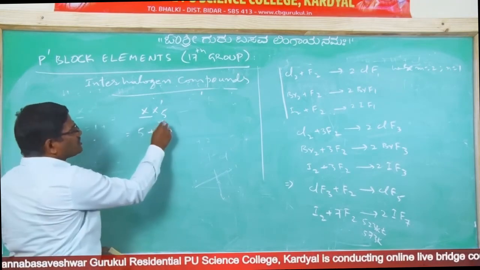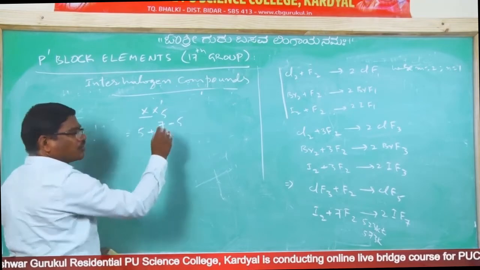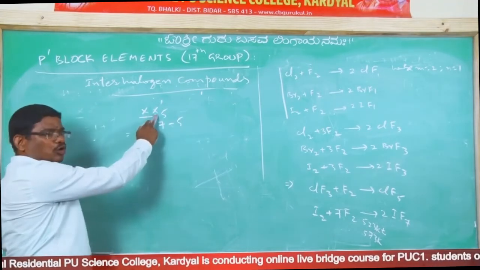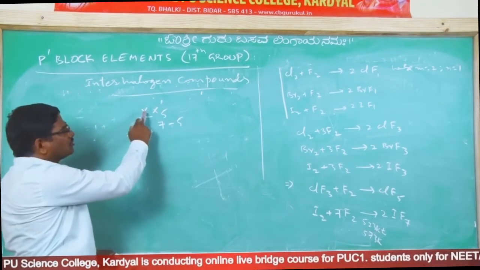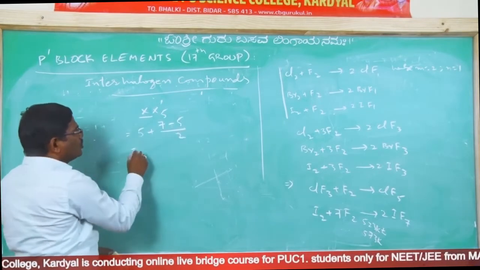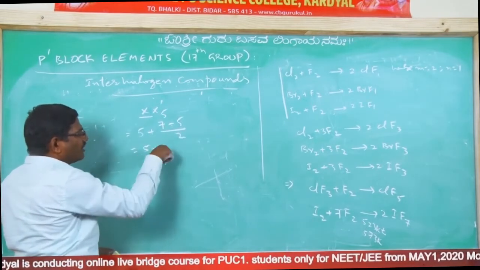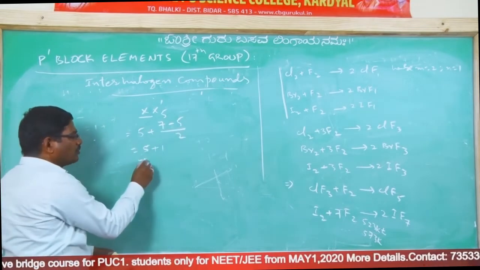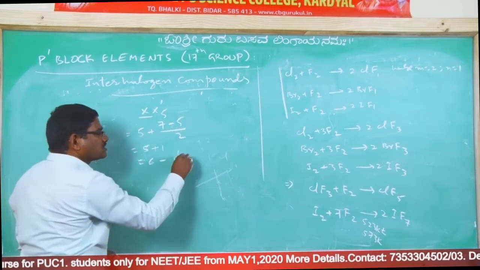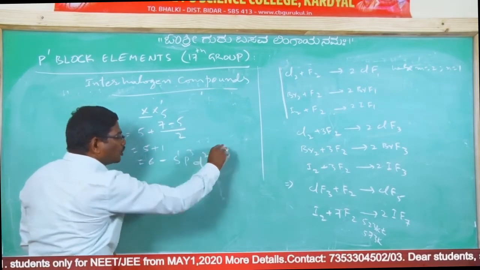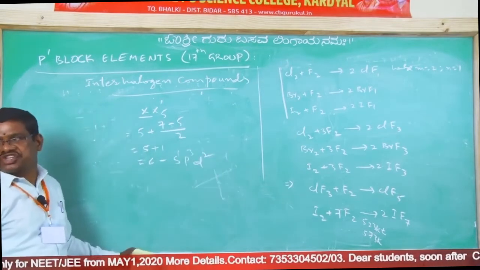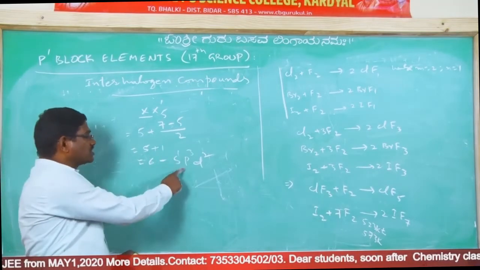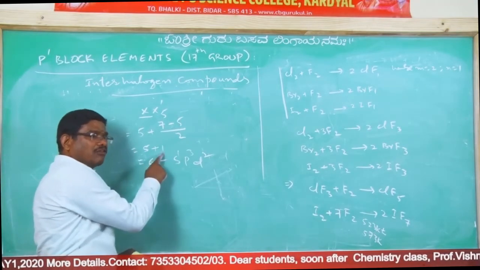Group number of X is 7 minus oxidation number 5, because X' is monovalent, 5 are there, so it is plus 5, divided by 2. So now 5 plus 1, 7 minus 5 is 2, 2 by 2 is 1, 5 plus 1 will be 6, sp3d2 hybridization, with 5 bond pairs and 1 lone pair.